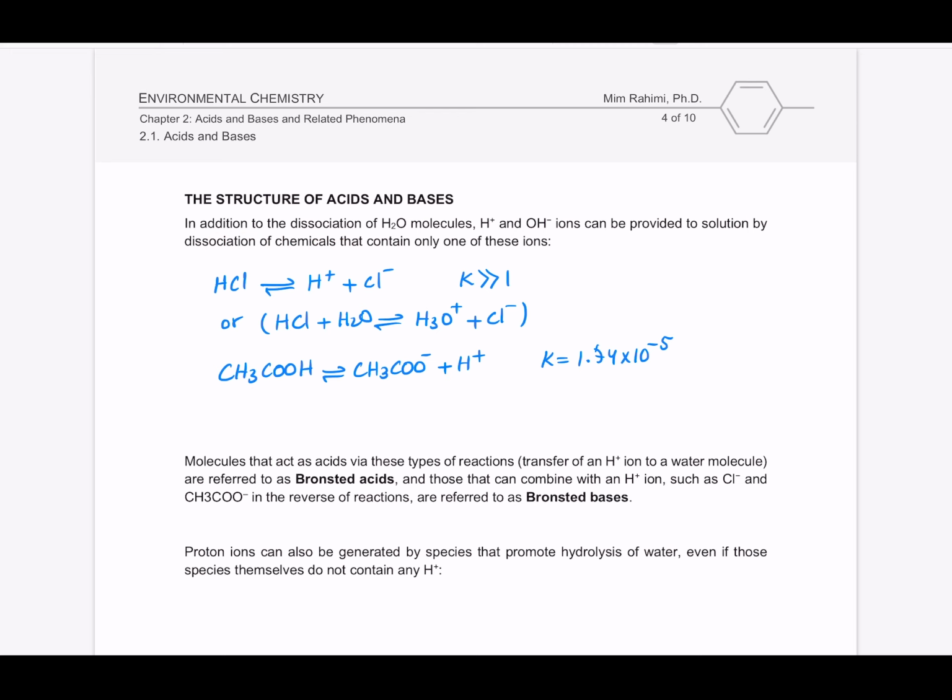So in this case, we call these two Bronsted acids. And this would be the conjugate base, or Bronsted base.